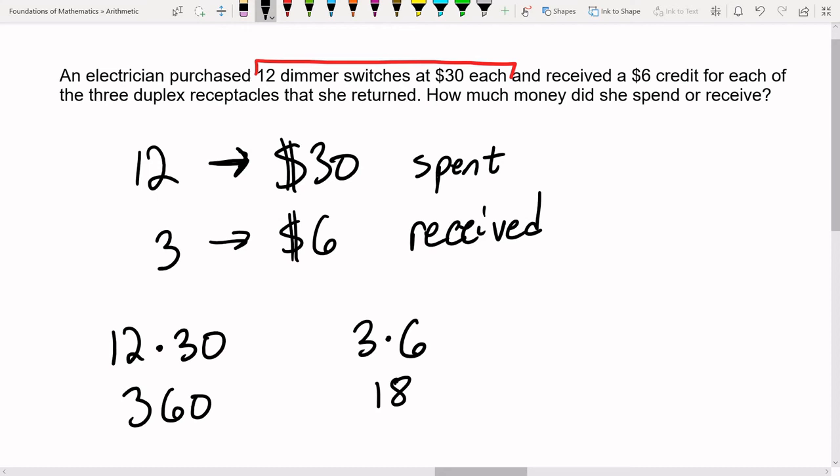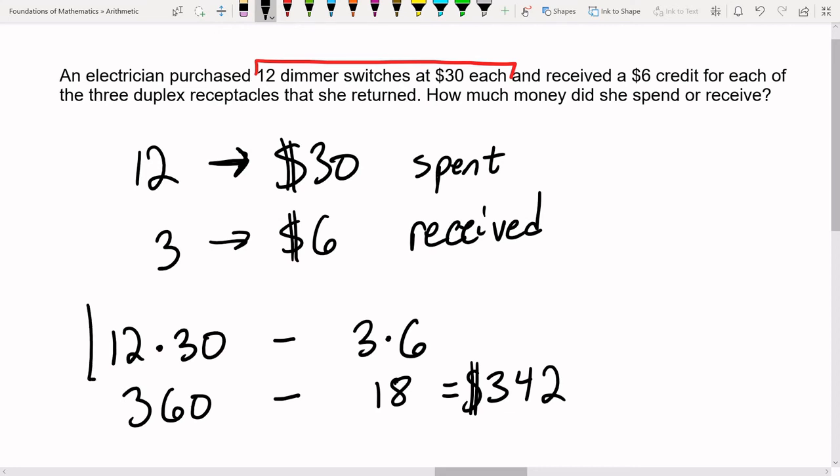If we subtract these two things, which is kind of what we're doing here, you'll see that she'll have spent a lot of money. Namely, this is going to be 342. She spent $342 total, because 18 of that was removed from the 360.